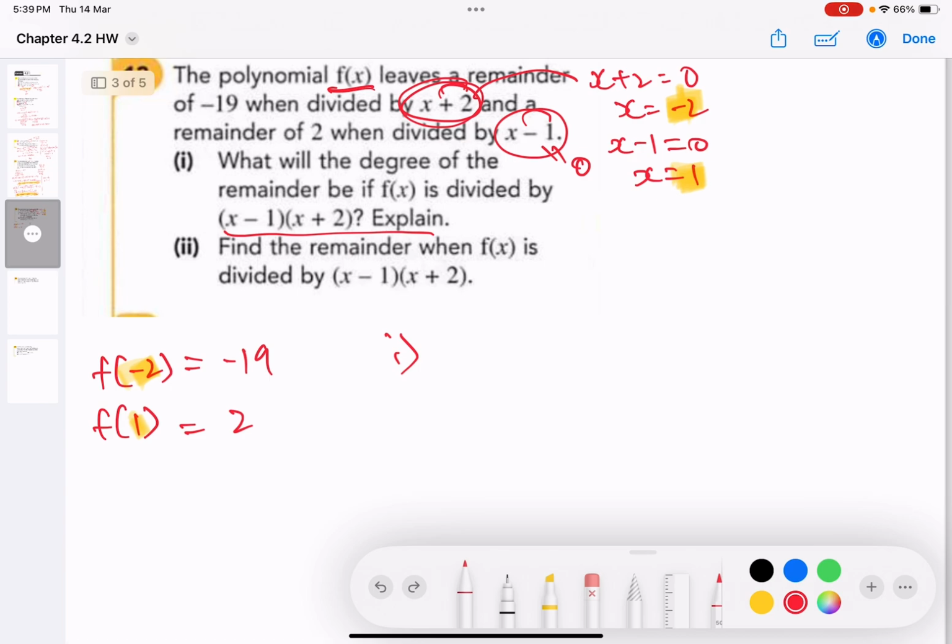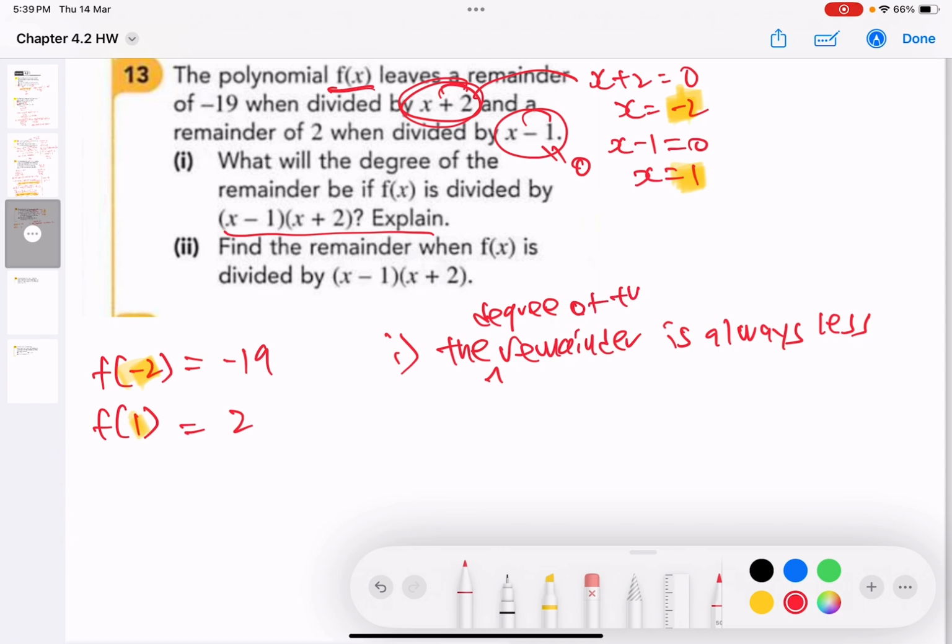Okay, so how are you going to explain? You must say that the degree of the remainder is always less than the degree of the divisor.